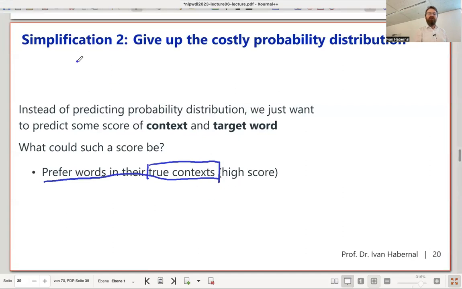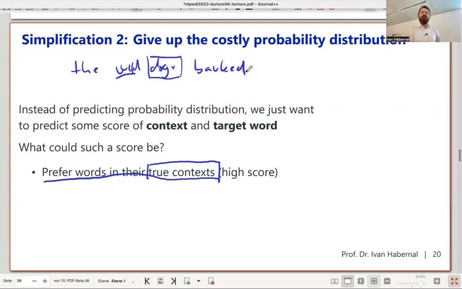We have a sentence, well, could be an adjective for a dog. The cute dog, well, no. The wild dog barked. And so if dog is the target word, I have a previous context, the wild, and the barked.